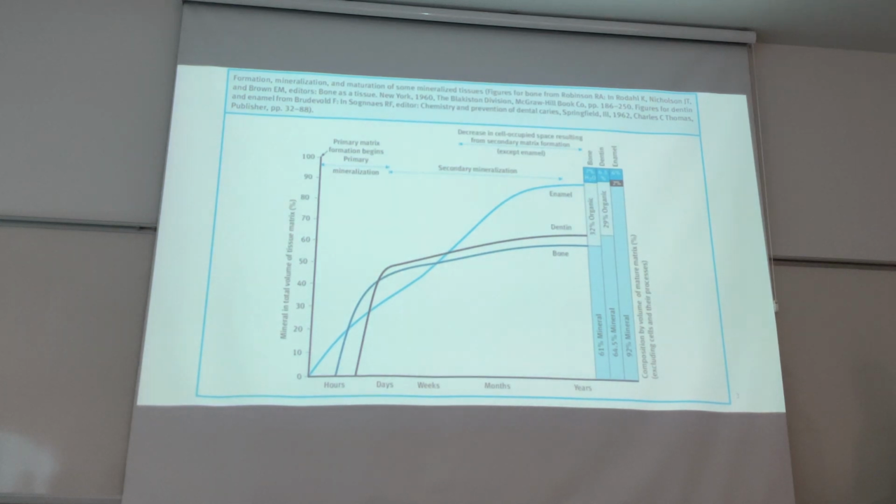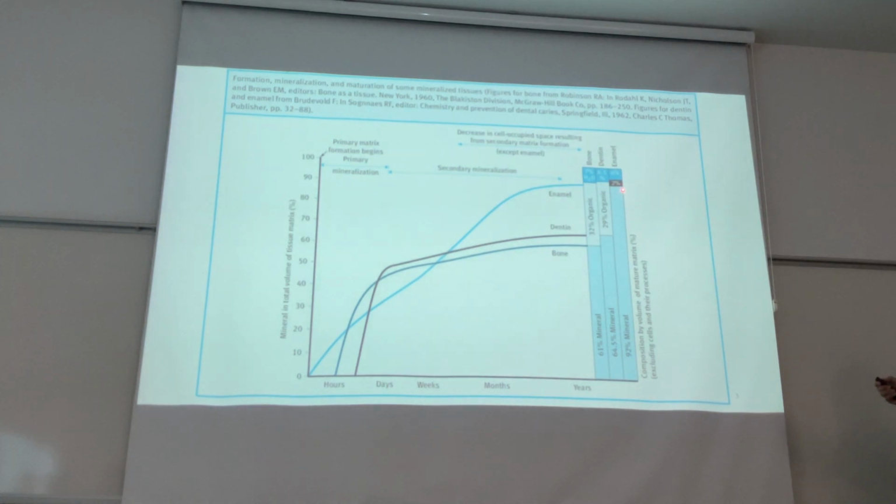As your classmates said, the enamel is our hardest structure in the body because in its structure we have at least 92% of minerals, and we have about 6 to 8% of organic structure and water.